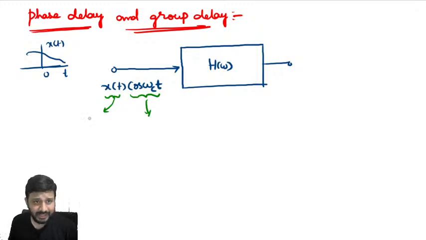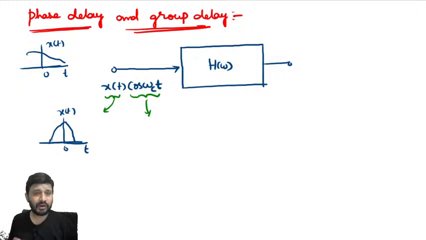Suppose, remember my dear students, in time domain, I am drawing an arbitrary signal like this, this is my x of t. You must observe that the x of t signal is formed by adding different frequency components.